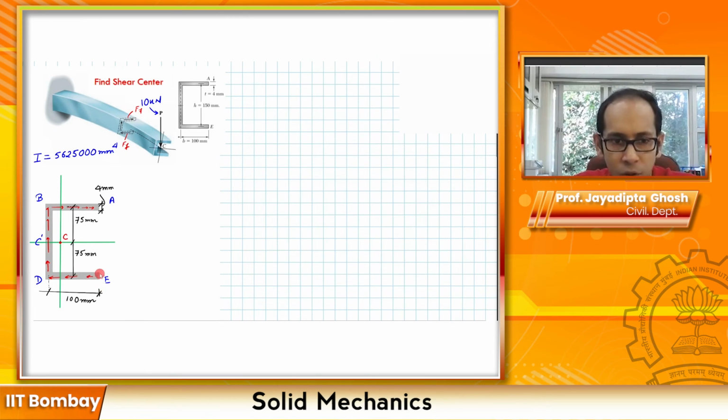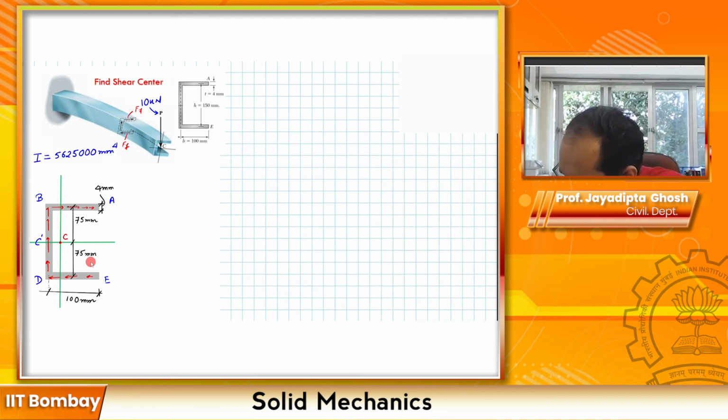The only difference you may think it makes is in the calculation of capital Q, because small q equals V times capital Q divided by I. But either way, for capital Q you consider the area A prime times y bar prime, so it is only whatever makes your calculation convenient. So I'm going to start by taking a small chunk over here.